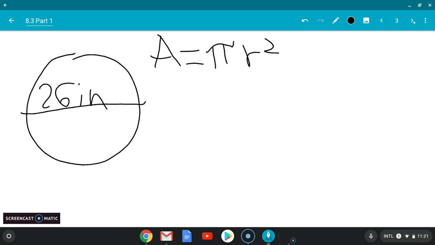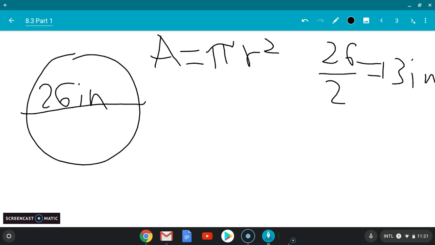Okay, so what we could do is just off to the side, we're going to take our diameter, divide it by 2, and that's going to give us a radius of 13 inches. Okay, so if the diameter is 26 inches, the radius is 13 inches.